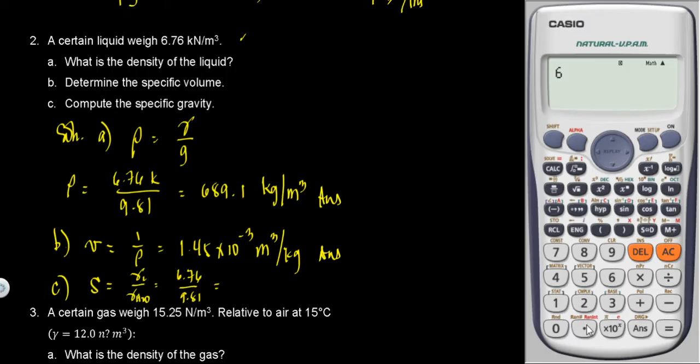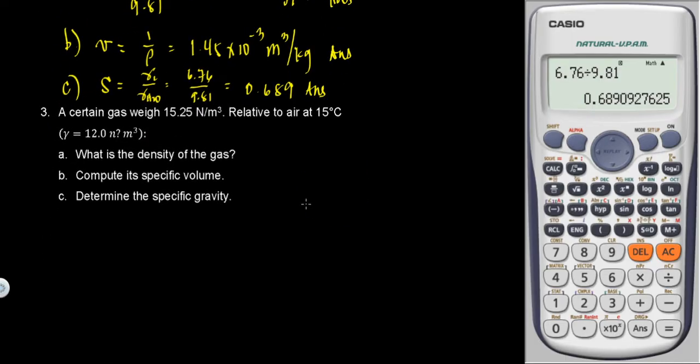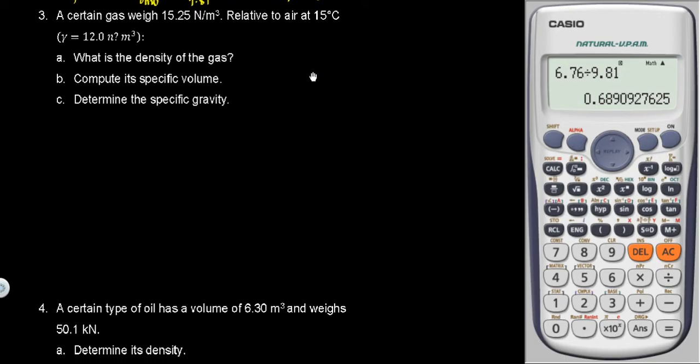So 6.76 divided by 9.81 equals 0.689. So this is the specific gravity. Itong fluid mechanics, karaniwan na, lalo na itong properties of fluids, formula based. Tingnan mo lang yung formula.